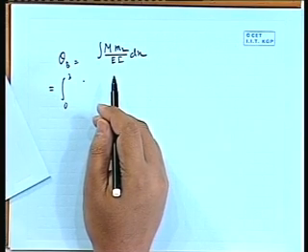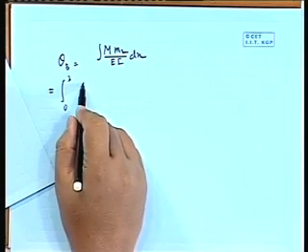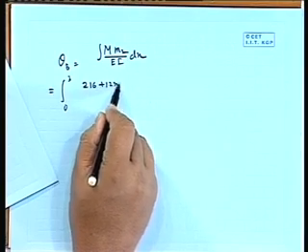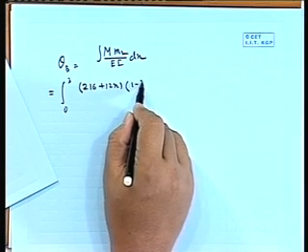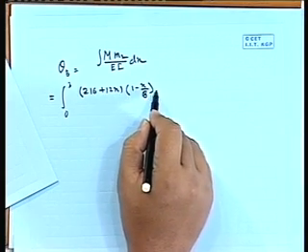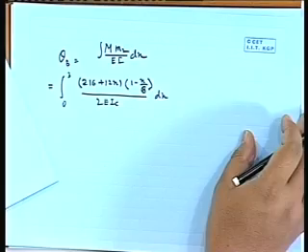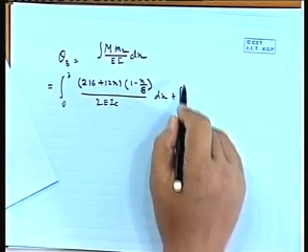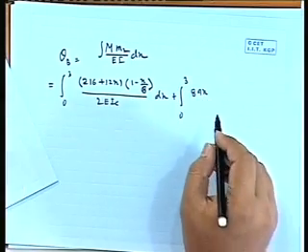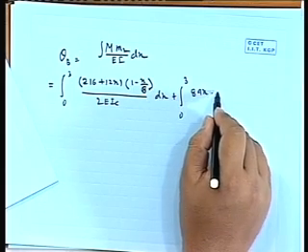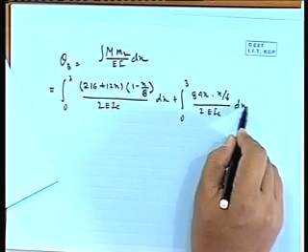216 plus 12x, that should be multiplied by 1 minus x by 6, divided by EI, and it will be twice dx, plus the second part, again 0 to 3, and it was 84x, and here it will be x by 6 divided by 2 EI dx.